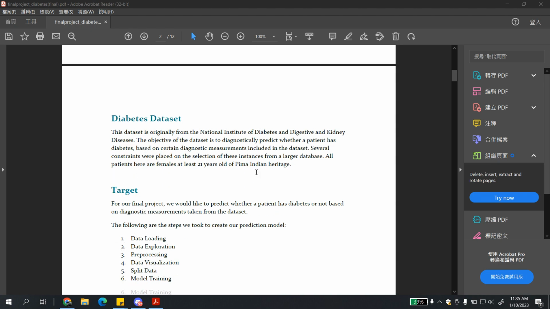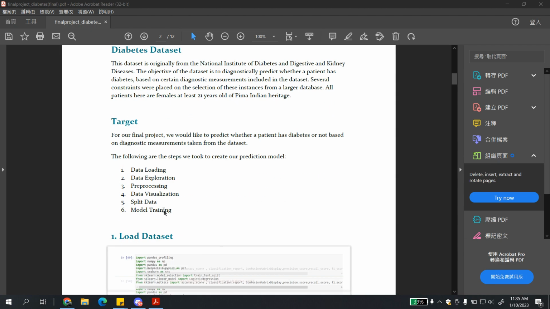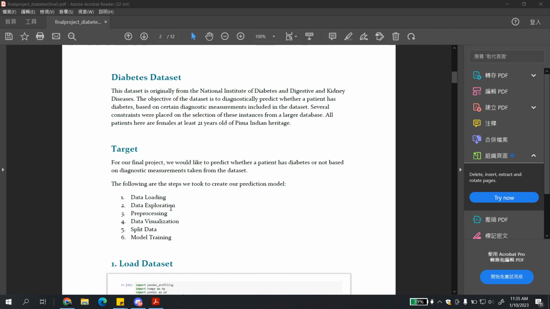About this data set, all the patients here are at least 21 years old, and they are female.